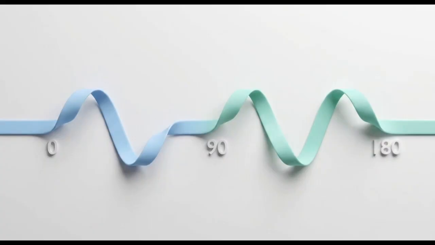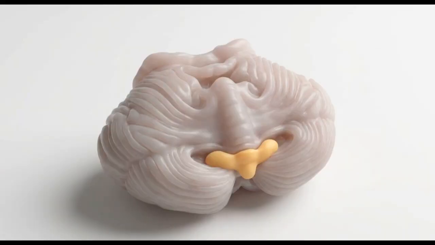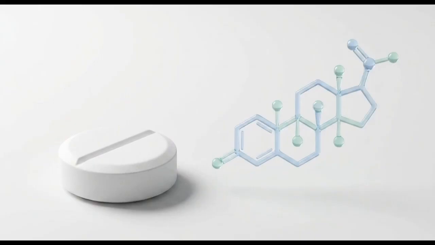The timing of the waveform also isolates specific anatomy. Periodic alternating nystagmus, or PAN, completely reverses its direction every 90 seconds. This 90-second cycle isolates the defect to the nodulus and uvula of the cerebellum. Because of this highly specific anatomic location, PAN responds exceptionally well to the drug baclofen.